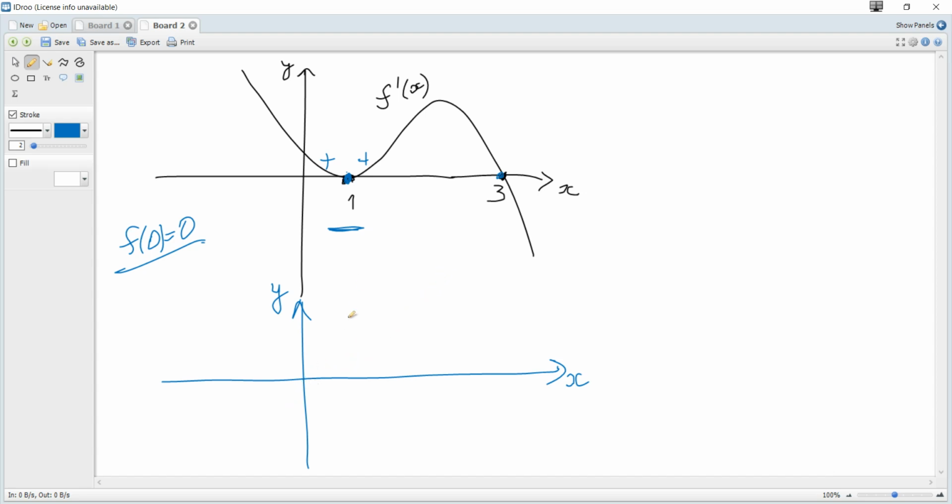and so it's concave up, point of inflection, and maximum at 3. So this point is this point, and it may not be accurate, it must be with a horizontal tangent here.